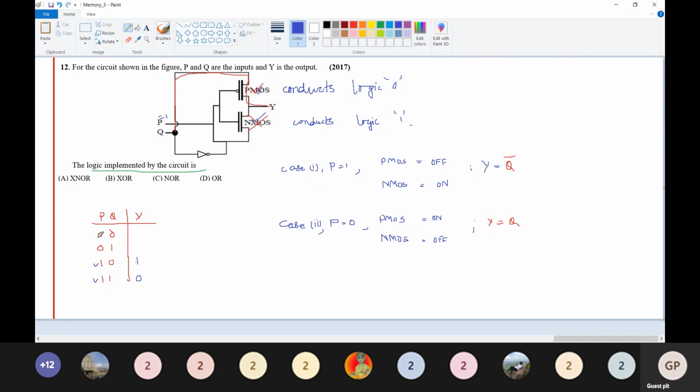When P is equal to 0, Y is equal to Q. This resembles an XOR. Therefore, the function is Y equal to P XOR Q. Understood?